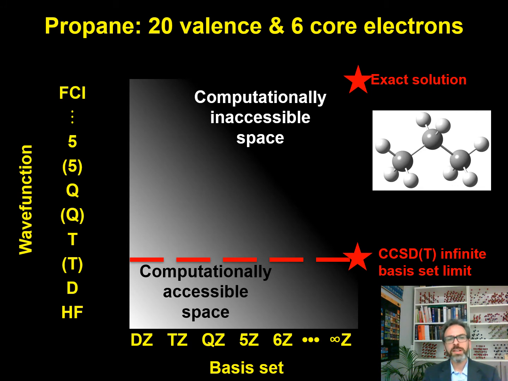So let's look at what is computationally feasible for a fairly small molecule, propane, with 20 valence electrons. So here we see the Pople diagram with the wave function axis here and the basis set axis here.